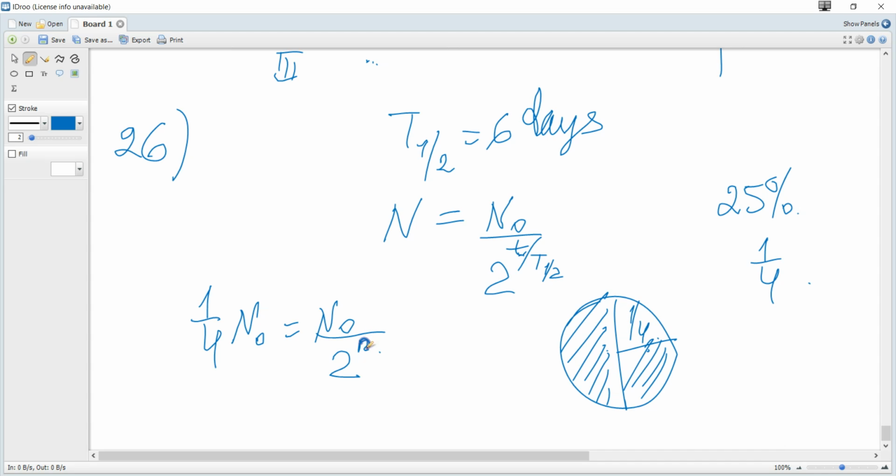So n is 2, or 12 days, and 12 is C. It's correct.